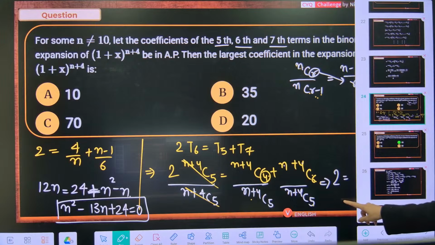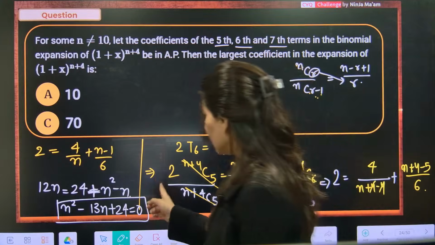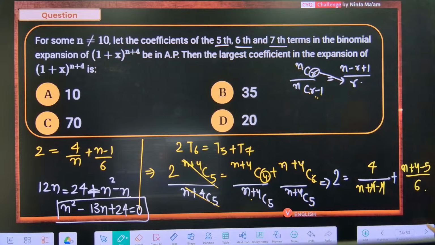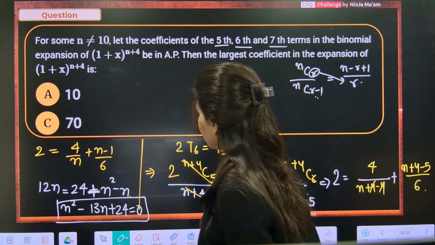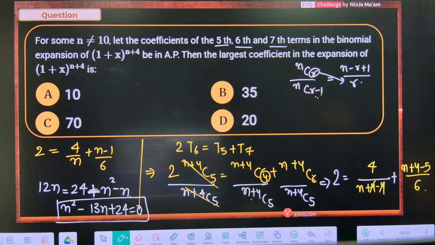Hold on, this is 13n. Or else, see, if the value of n is 3, then 4 by 3 and 1 by 3, 2, 1 by 3, 4 by 3, 5 by 3.